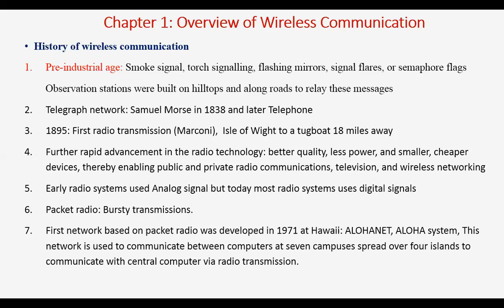That was a big breakthrough in packet radio. You should know what Aloha is and what the system actually is; just go through it and you will come to know. We will discuss all these systems in detail, but before starting each system, we will see the history and how wireless communication evolved.